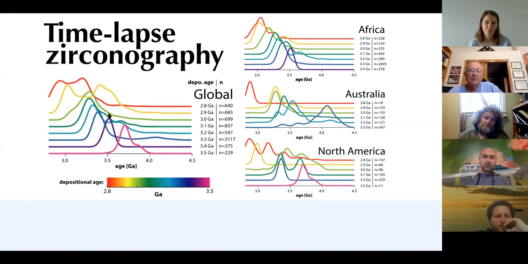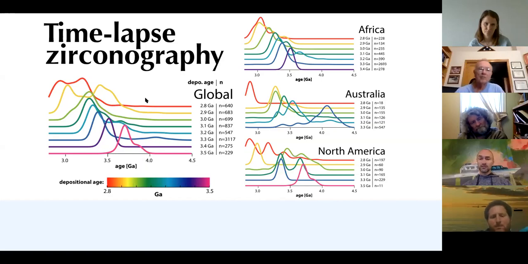I think what is curious to me about this is that in the rocks that are between 3.4 and 3.3 billion years, we see a strong age peak at 3.5 billion, but we don't see the previous age peak at 3.7 billion. And there are a number of these spectra that are more or less unimodal. Now, we do get into more multimodal components in the younger sediments.